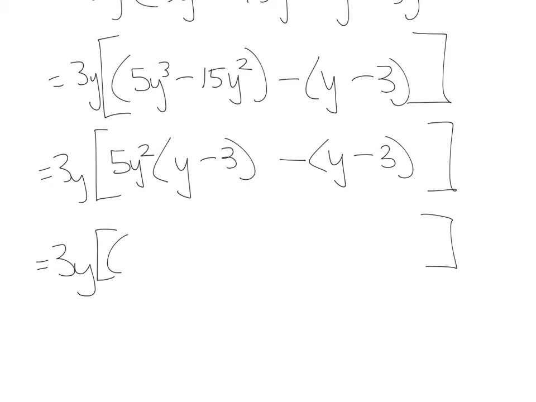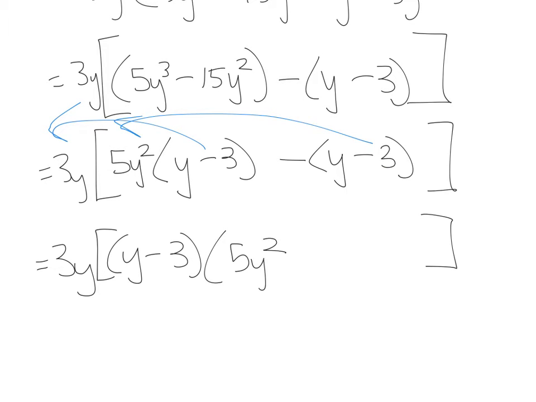If I take out a y minus 3 from this term, I'm left with a 5y squared. And if I factor out the y minus 3 here, I'm left with nothing, so that means I'm left with a 1.